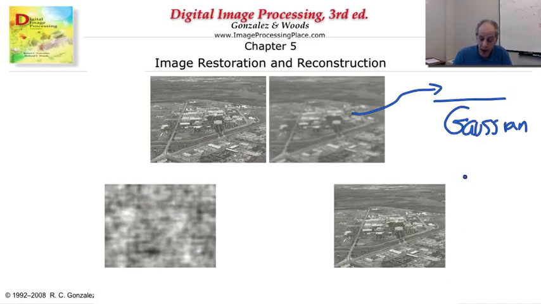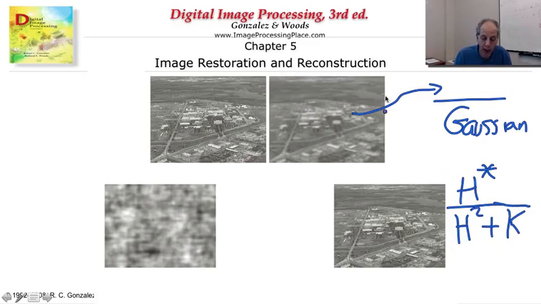The filter, instead of being 1 over the Gaussian, as here, is the conjugate of h over h squared plus a constant. That's the filter that we apply to this image. We don't apply 1 over the Gaussian or 1 over h. We apply this filter, and we get a significantly better result.